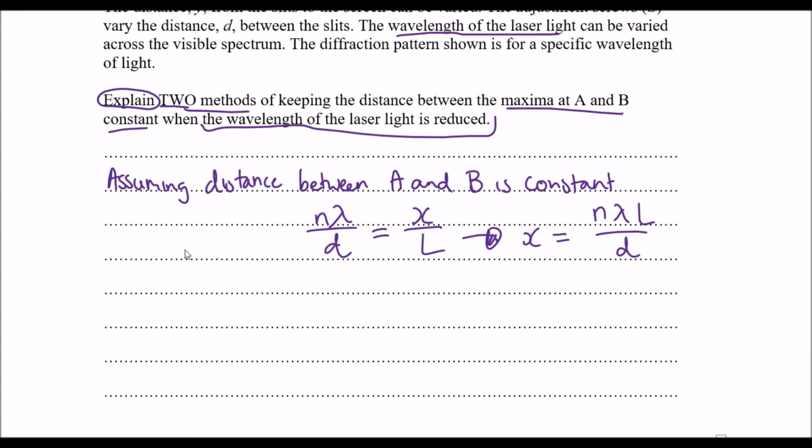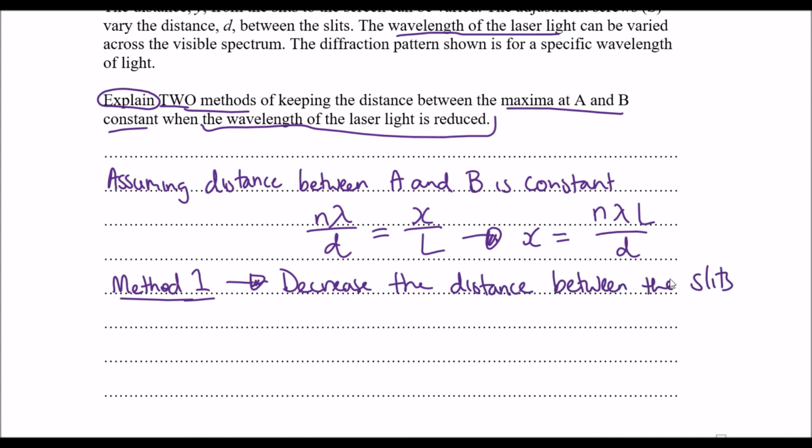Okay, so let's go through and I'll write down each method. Method 1 will be to decrease the distance between the slits. That's our first method there. And method 2 would be to increase the length of separation. So what we could say is increase or decrease the value of d.